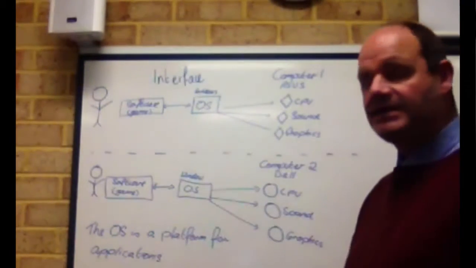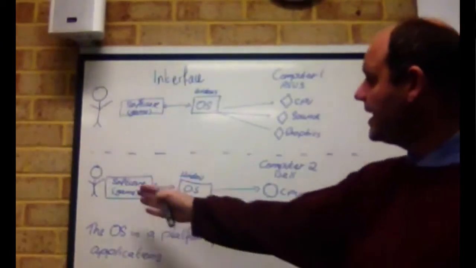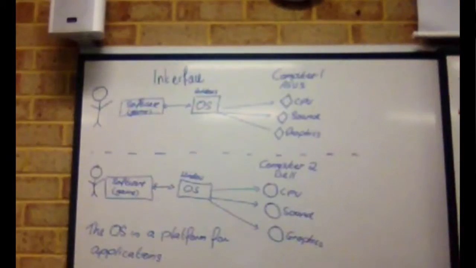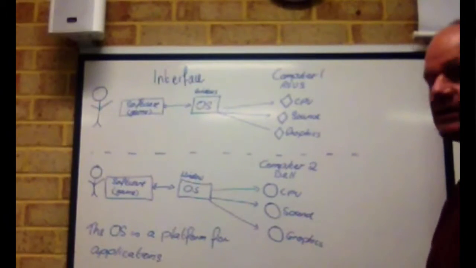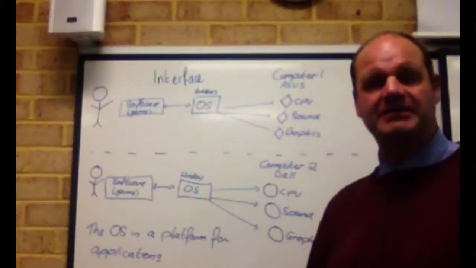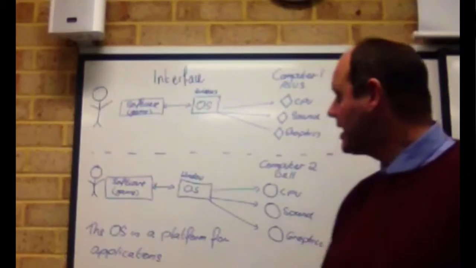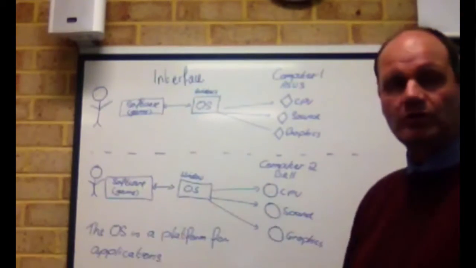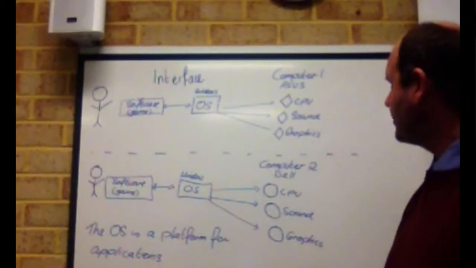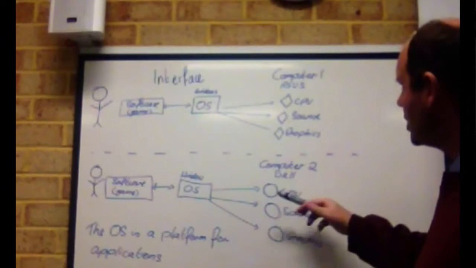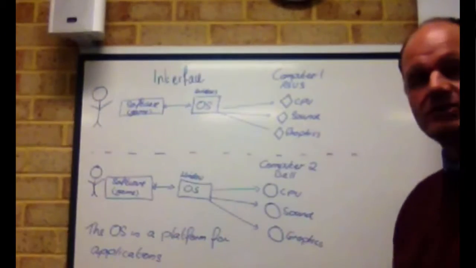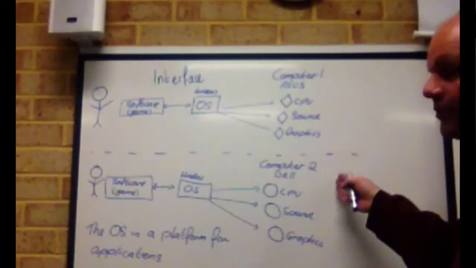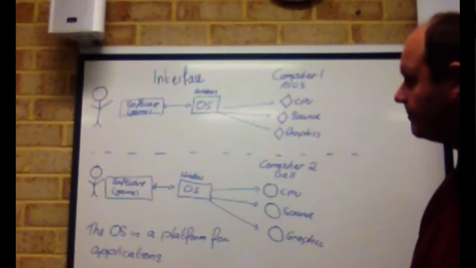The same operating system, Windows, can talk to the software on this computer, but this computer has a different specification. That doesn't matter because, again, Windows is able to talk to the software and is able to communicate with this hardware in order to display that game on this computer as well.